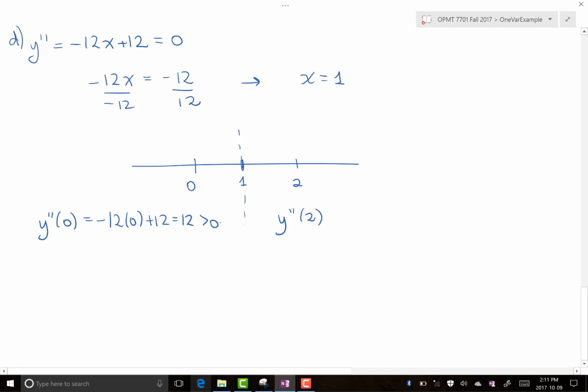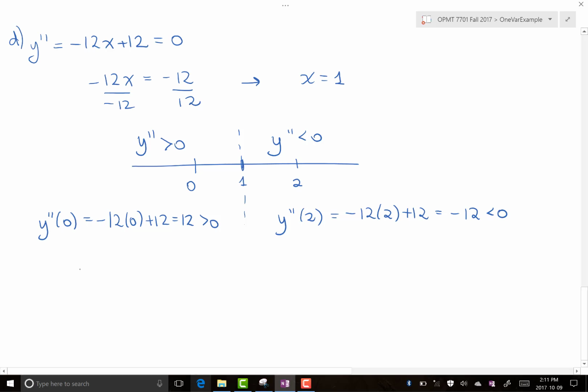All we care about again is the sign. So y double prime is positive to the left of 1 and negative to the right of 1.